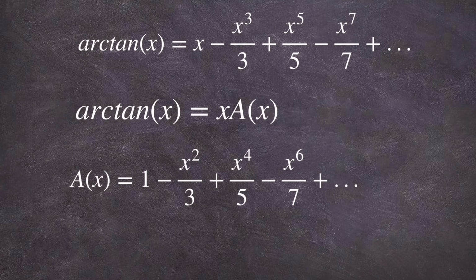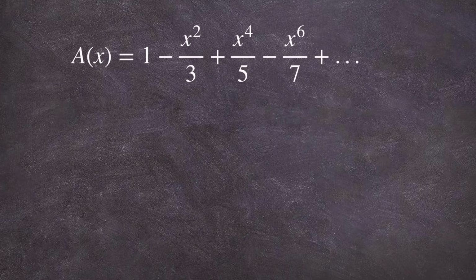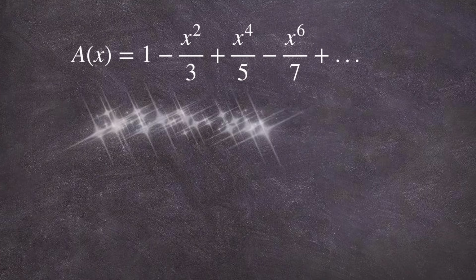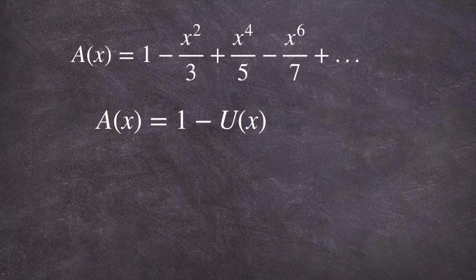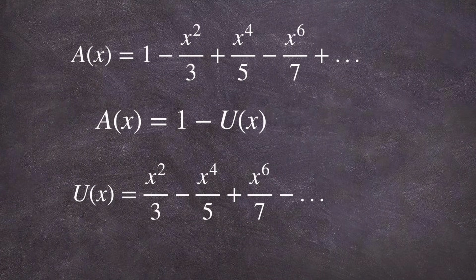A of x is this new power series, which, if we look at just the variable part of the series and rename that variable part u of x, we can then factor out its leading term and get another new series, b of x.